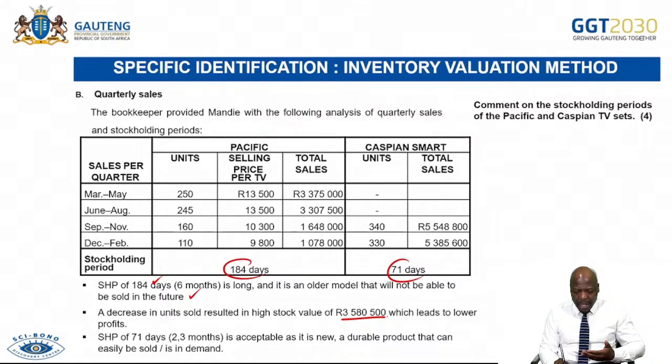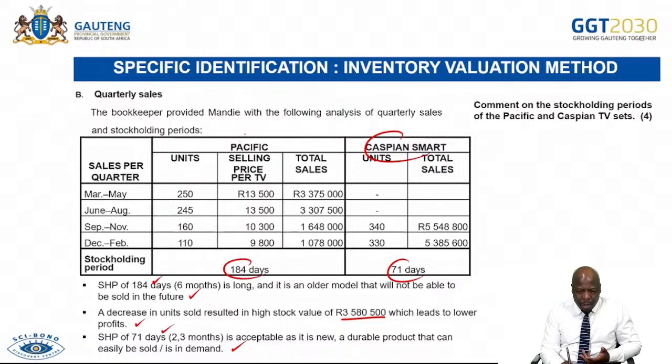And then a decrease in units sold resulted in high stock, that is 3,580,500, which leads to lower profits. And then the stock holding period of 71 days, which is 2.3 months. Now we are talking about the Caspian here. It is acceptable as it is new, it is a durable product that can easily be sold, and it is well in demand.